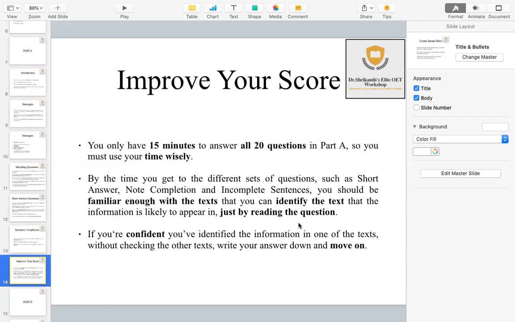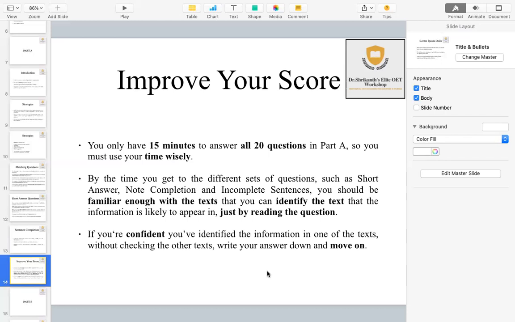Once you understand the core meaning of all the four texts, you'll be very familiar with all of them. And when you have the last 5 or 6 minutes of part A, just by reading the question, you can identify, okay, this is where the specific answer is. If you're confident that you identified the information in one of the texts without checking the other texts, just move on.